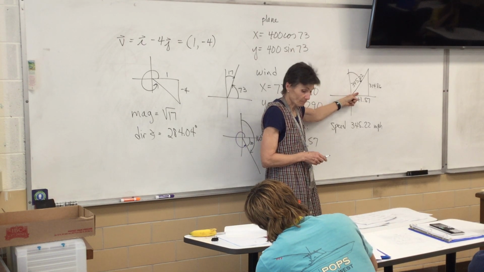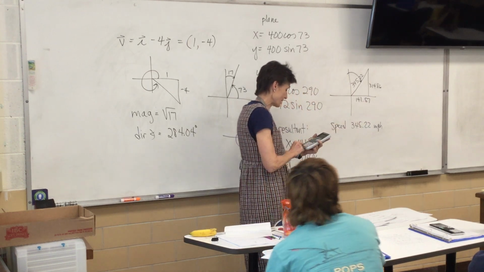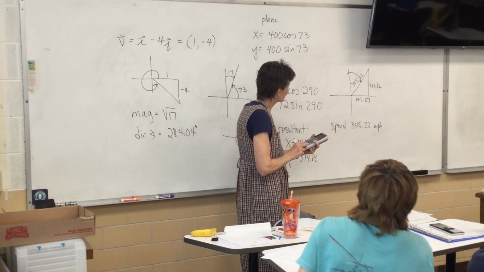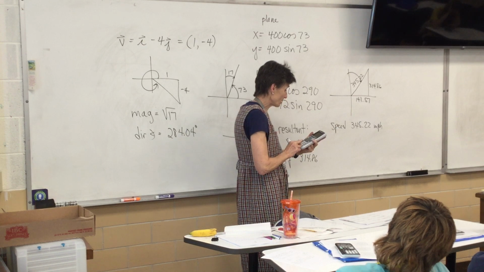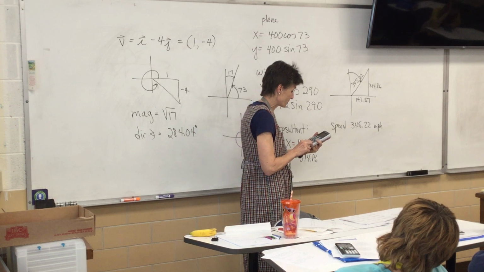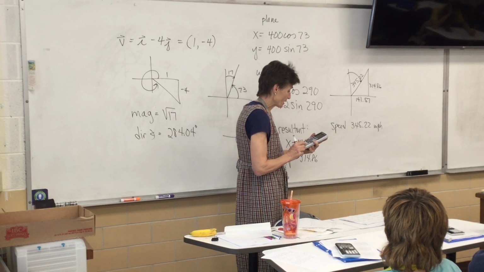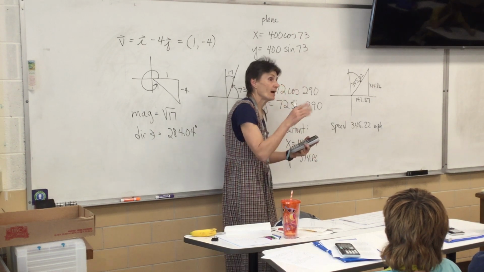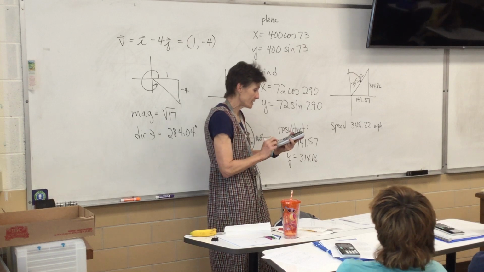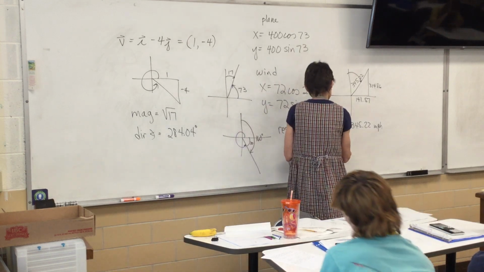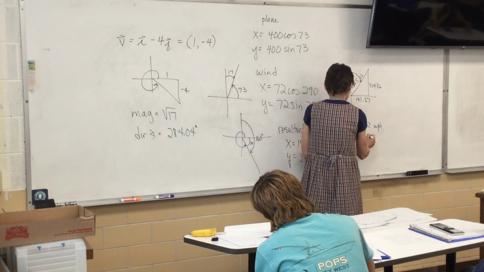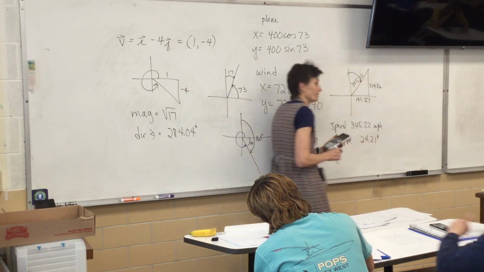You see? All right, so here we go. Second tangent, 314.86 divided by 141.57. I got 65.79, but I don't care. I'm going to subtract it from 90. So my course is 24.21 degrees.